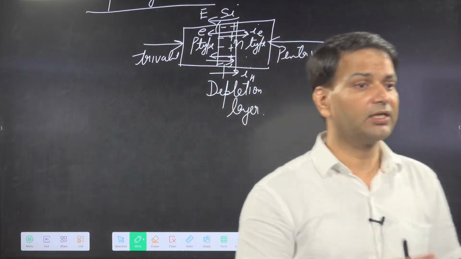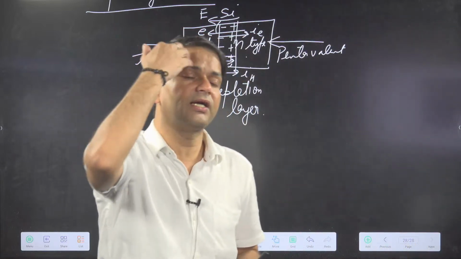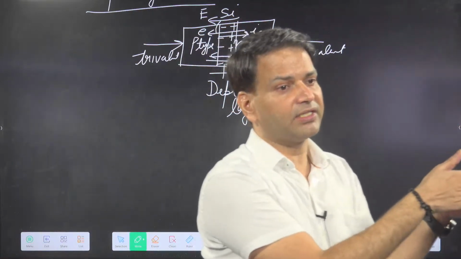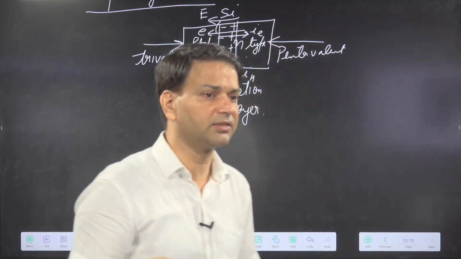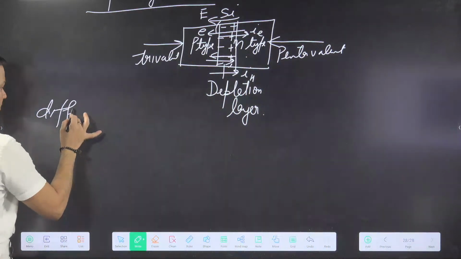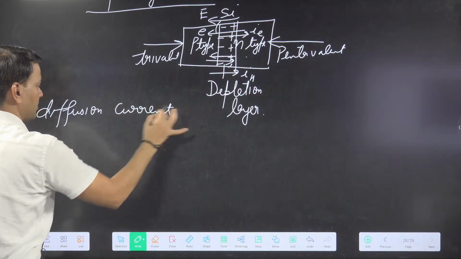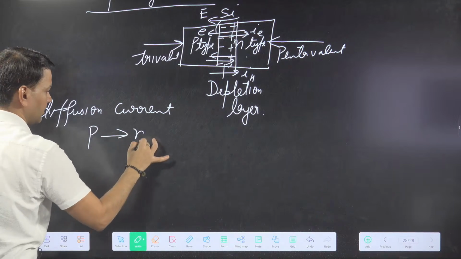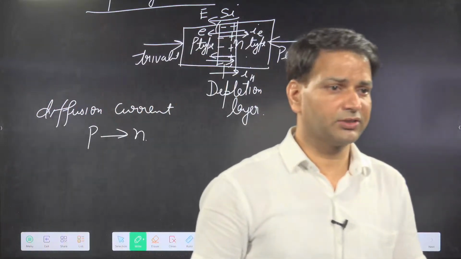So that current is called the diffusion current. What is the direction of flow of the diffusion current? Diffusion current flows from the P side to the N side. Everybody got this or not?